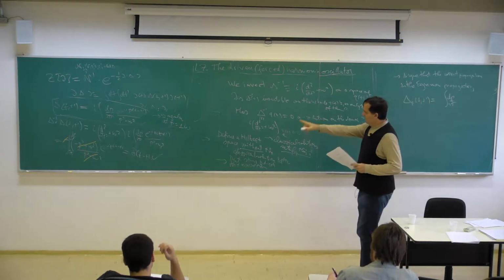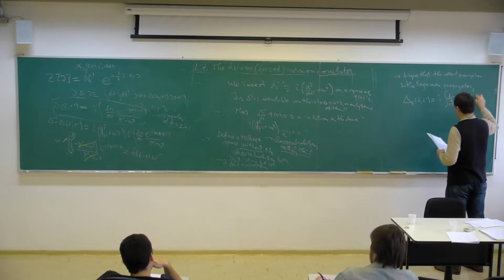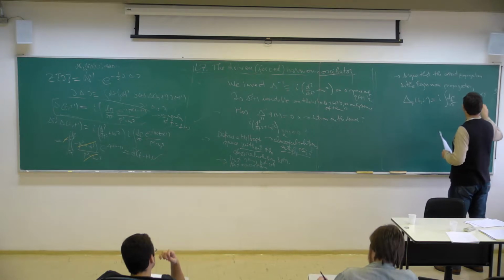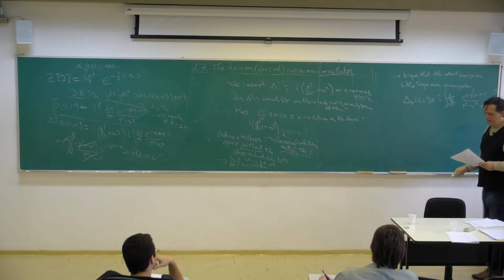So, as before, I write i p minus i p minus t prime, and then p squared minus omega squared, and then I write plus i epsilon.